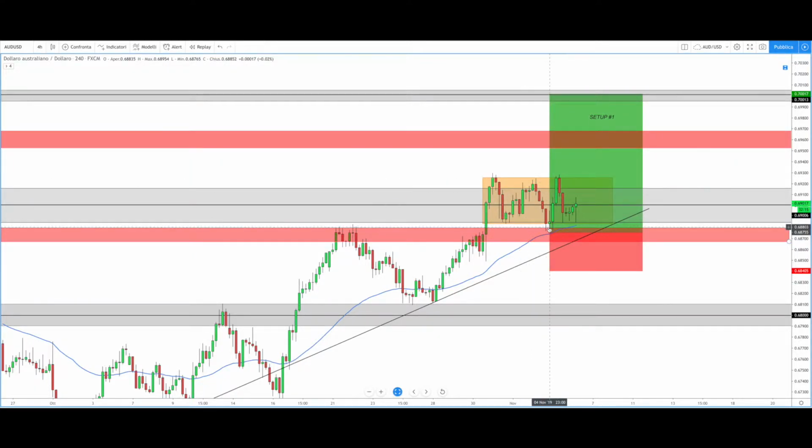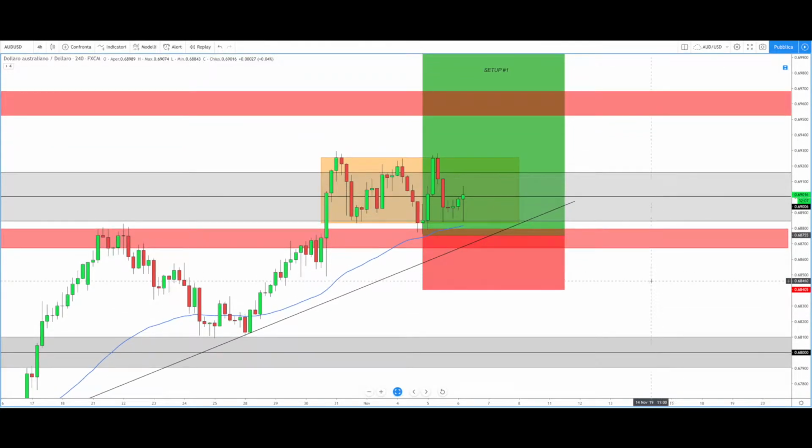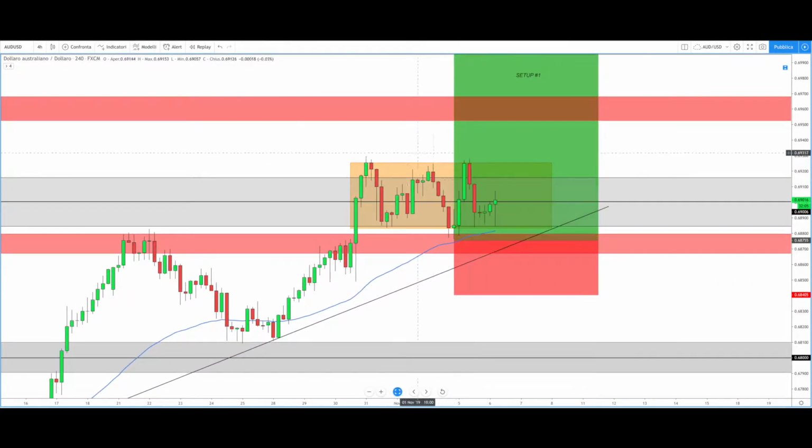But after this clear touch at the beginning of the week, the price failed to go higher. So now we need to watch carefully the price action, because a clear comeback above this level will be a huge bullish signal, and obviously the final bullish confirmation will be a 4-hour closing above the highest point of this side channel, because this will be a huge bullish signal that could bring the price to touch, first of all, 0.6960 here.